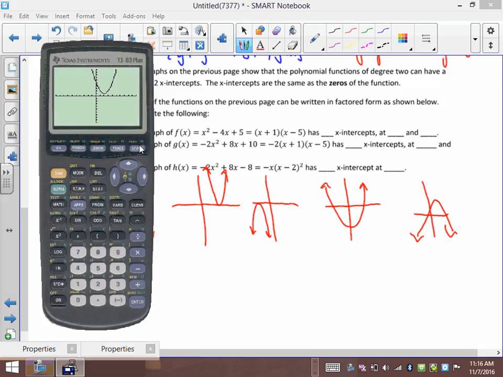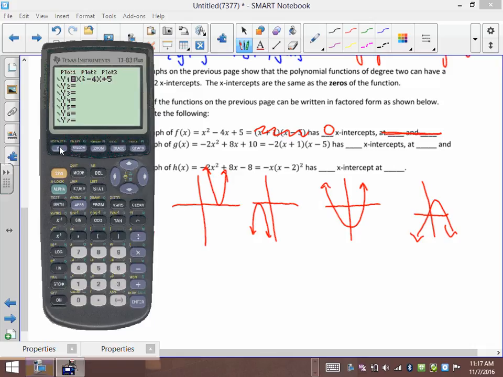How many x-intercepts? I typed it in wrong. This is not factored right at all. Okay, it has 0 x-intercepts, nowhere, because there aren't any.